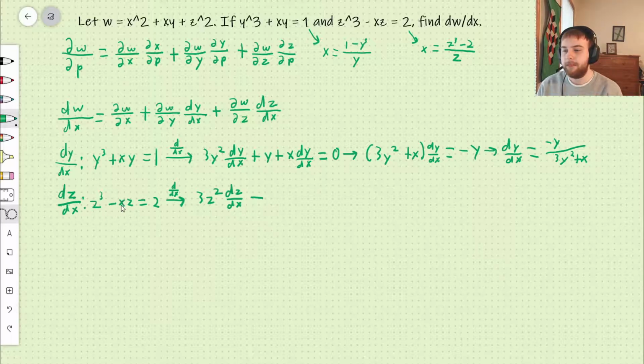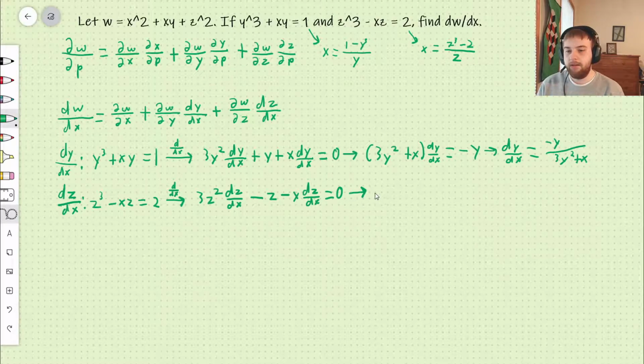The product rule here, we take the derivative of x, it's dx/dx. So this just leaves us with a minus z. And then when we do this one, it's negative x dz/dx. Then of course 2 doesn't vary at all with x, so it's 0.